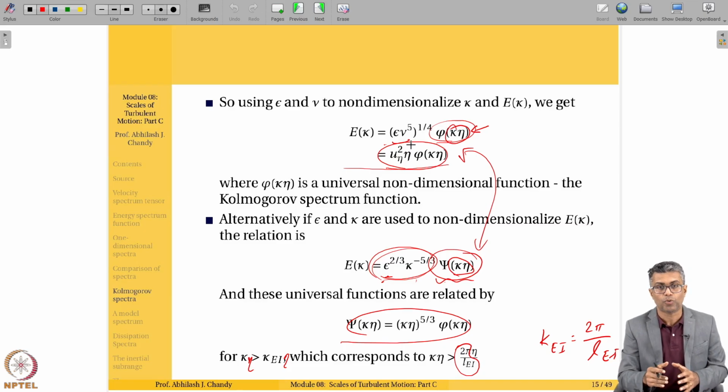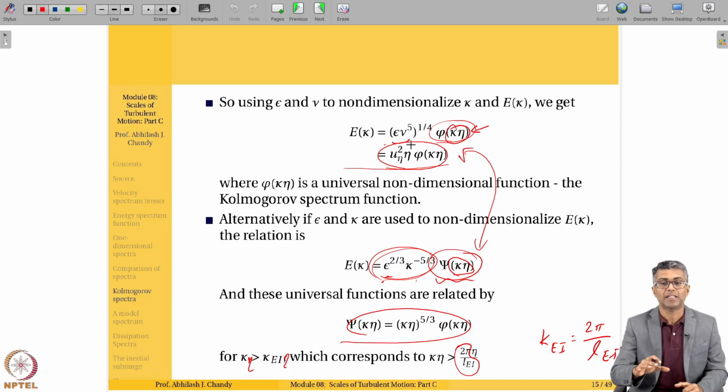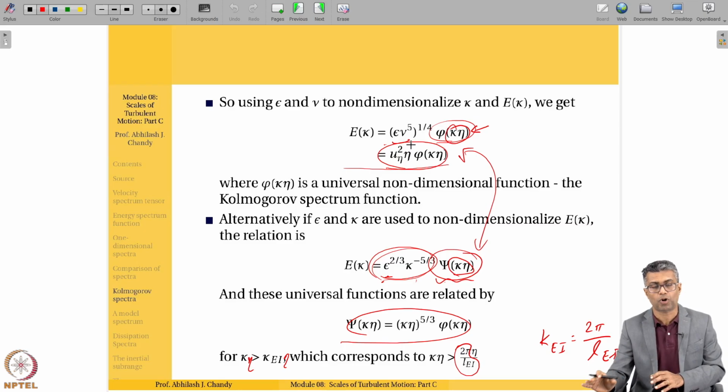So that is what we are doing here. You have E(kappa) equal to (epsilon nu to the fifth) to the 1/4, and then this universal non-dimensional function, psi(kappa eta), which is a Kolmogorov spectrum function. That's what we started with, right, in this whole exercise.